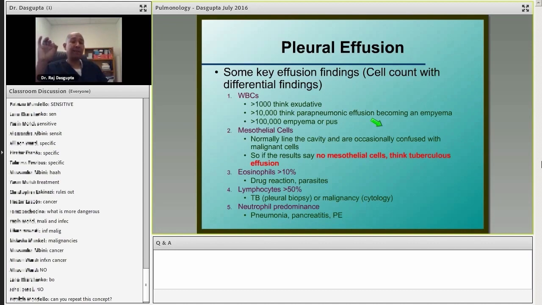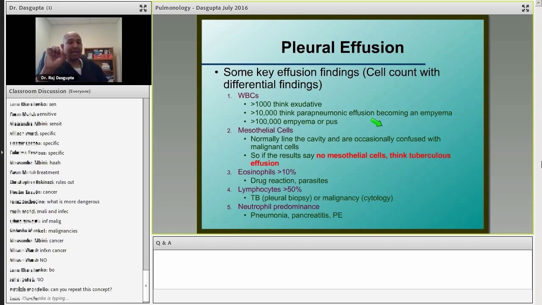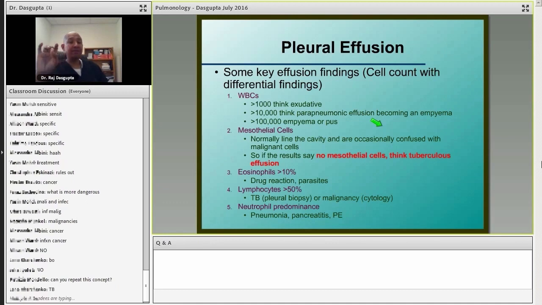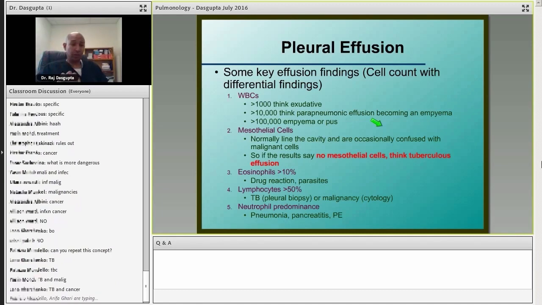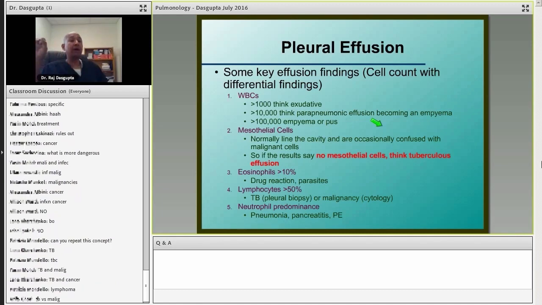Bacteria, bacteria, bacteria. The one I want you to realize is that if it's a lymphocytic exudate, that's when the party begins. Because what are your two differential diagnoses for a lymphocytic exudate? Number one, it could be tuberculosis, and number two, it could be what?